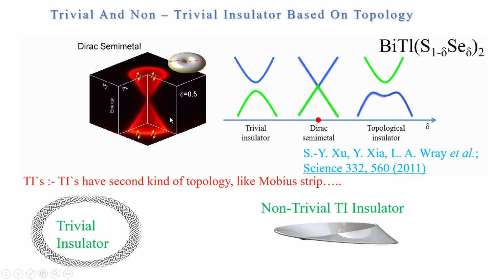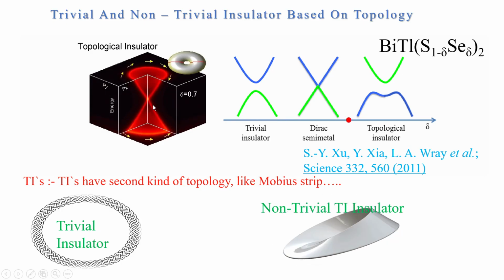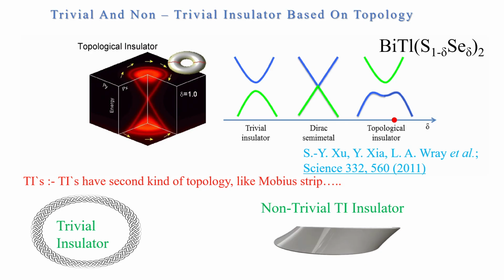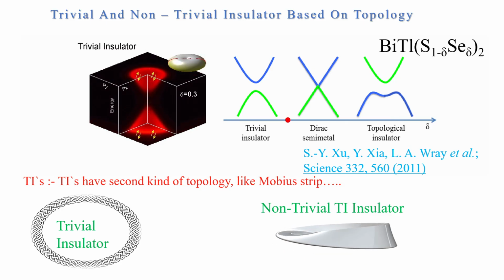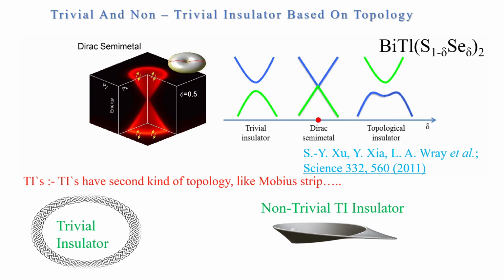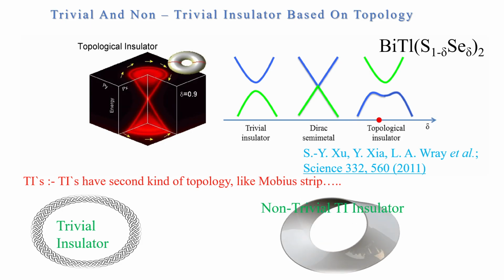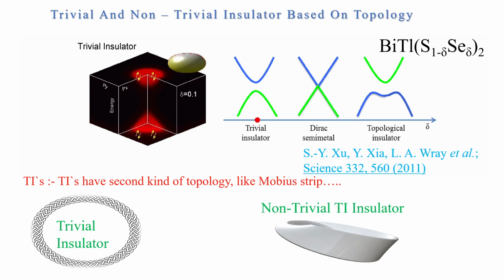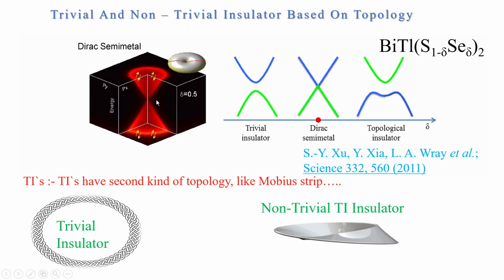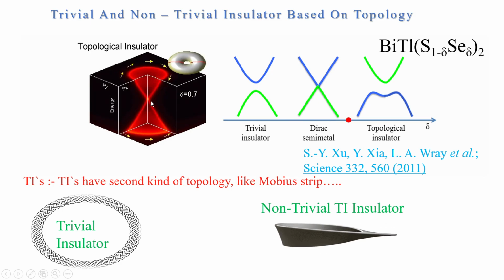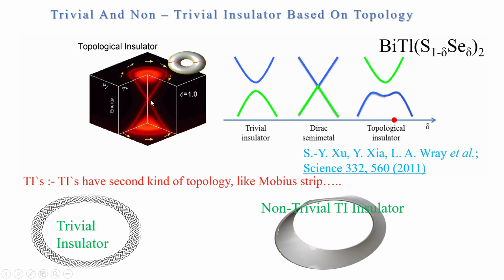So how does a trivial system change to a topological insulator? In a trivial system there is a large band gap, so the electron cannot move from the valence band to the conduction band, and in Dirac electrons only at a certain Dirac point is the conductivity there.